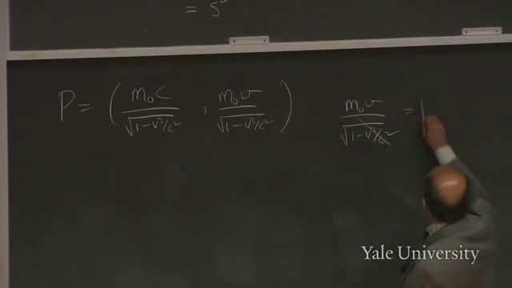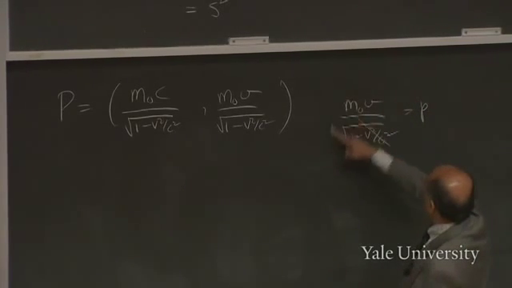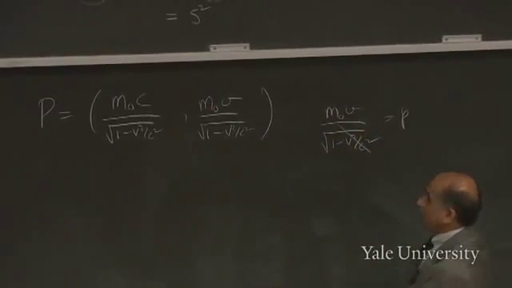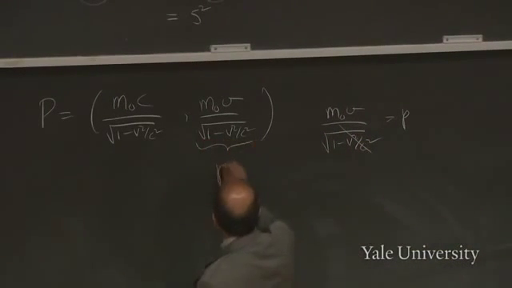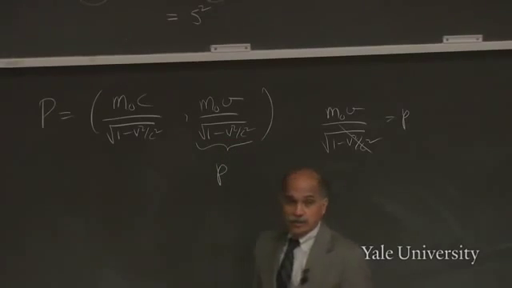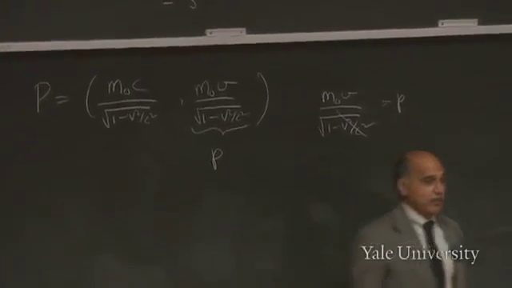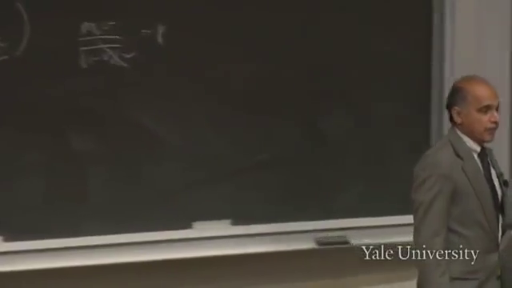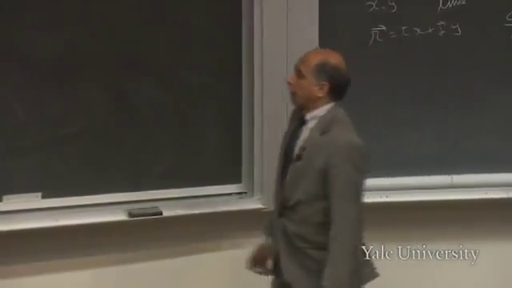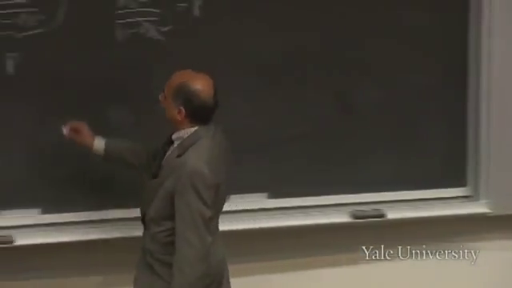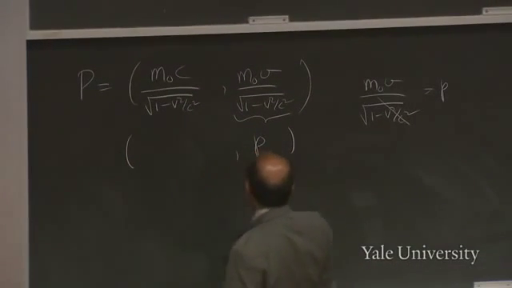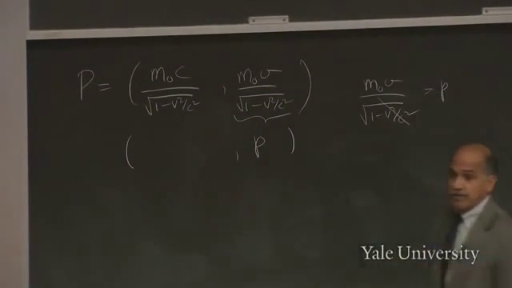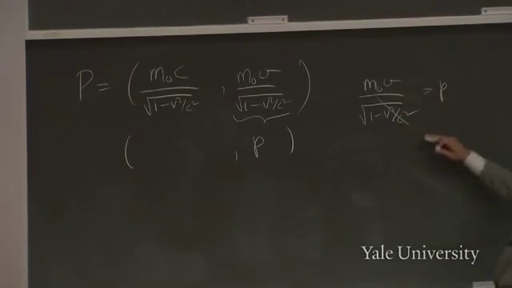So this guy is just the old momentum properly corrected for relativistic theories. So this quantity here deserves to be called momentum. Little p, you can put an arrow on it if you want to keep the 3 components, or don't put an arrow. So of that 4 vector, the 3 components are just momentum, but not defined in the old way. It's not m naught v. It's m naught v divided by this factor.